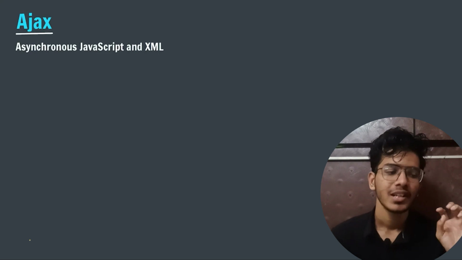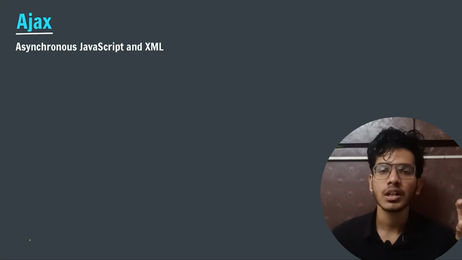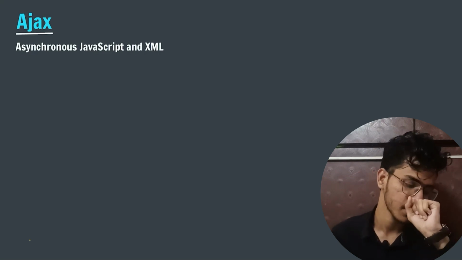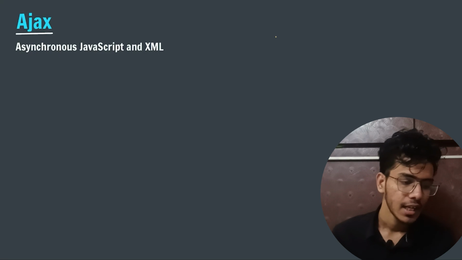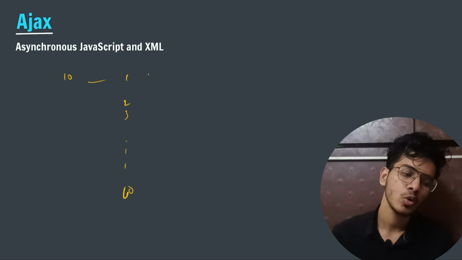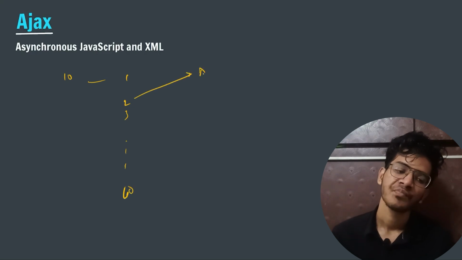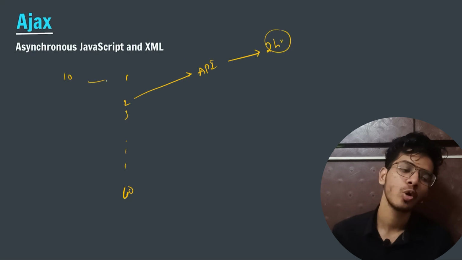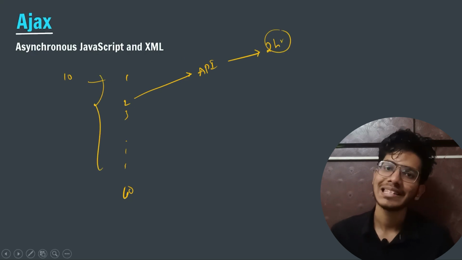So here in AJAX, it tells you the asynchronous nature of JavaScript. What is the meaning of this is, let's say I'm having 10 lines in my code, line 1, line 2, line 3, like this, and in line 2 I'm calling my API, and this API is taking 2 hours of time, but you don't want your code to stop at line 2.